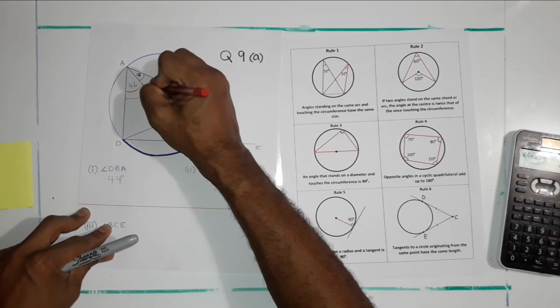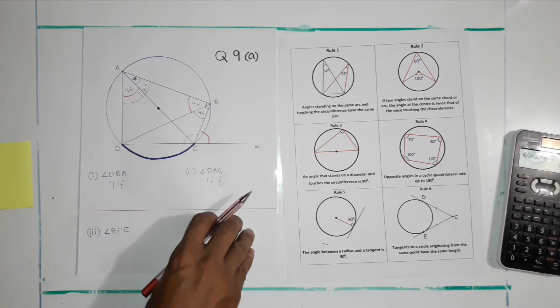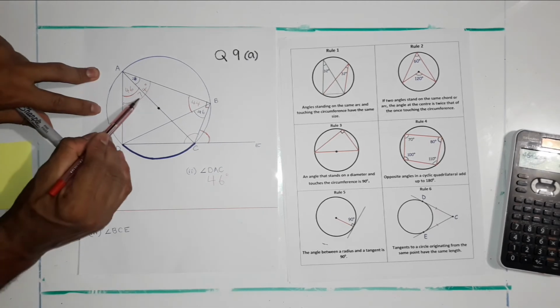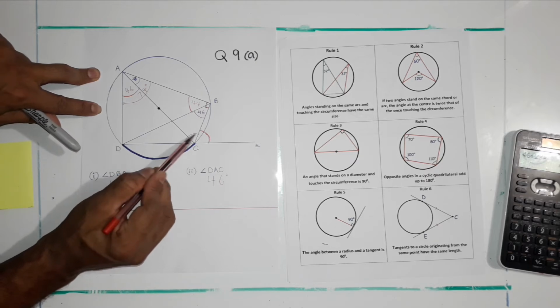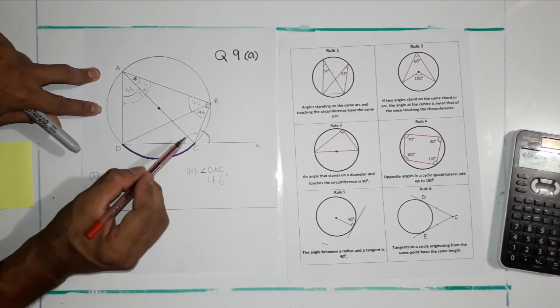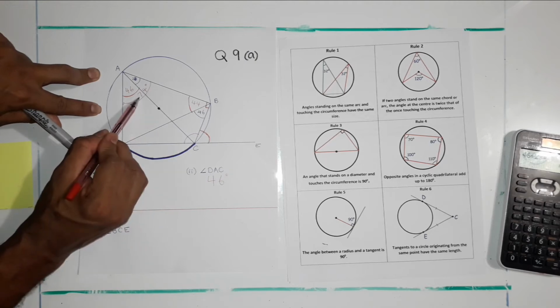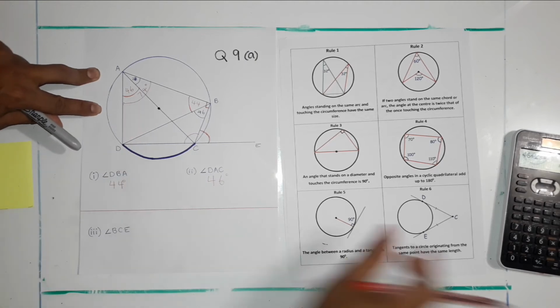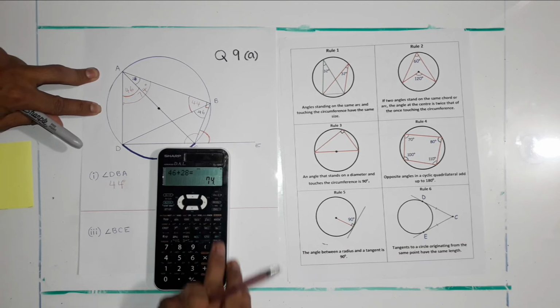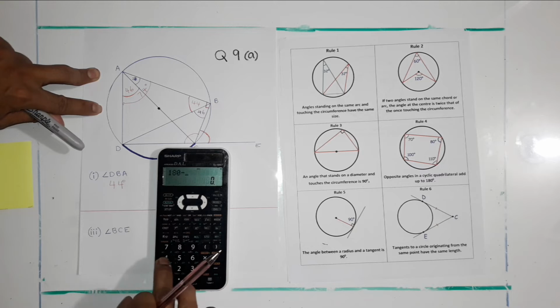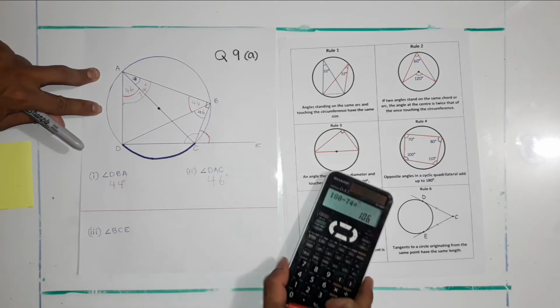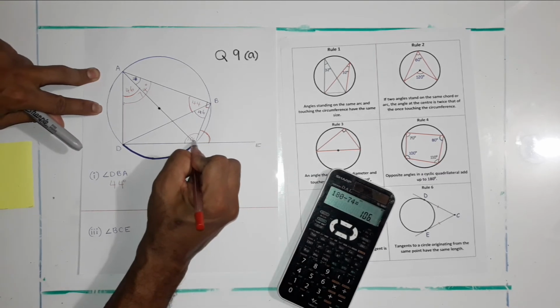So this big angle is 74. So that means if I add this angle and this one, I am supposed to get 180. So I have to minus 74 from 180 to get this angle. So let's do that. 180 minus 74. And this angle here will be 106.